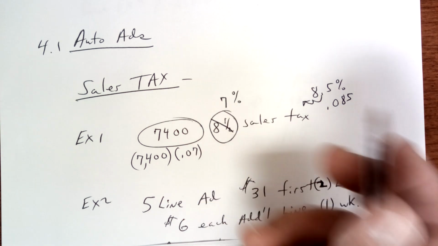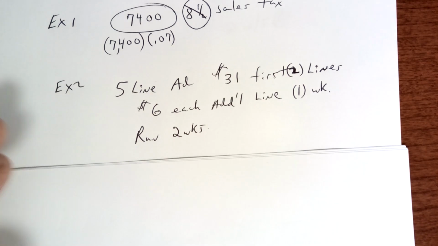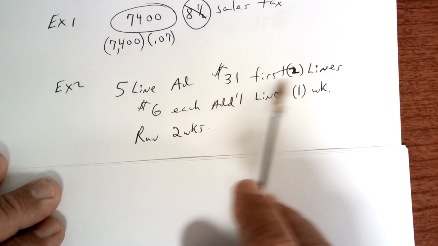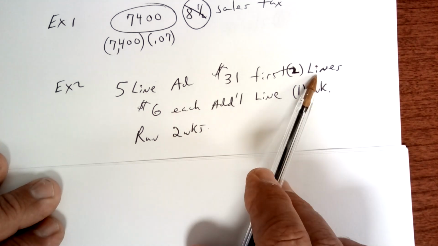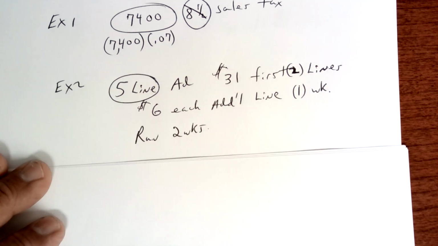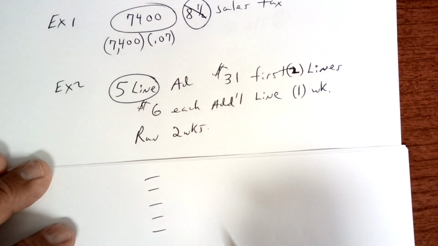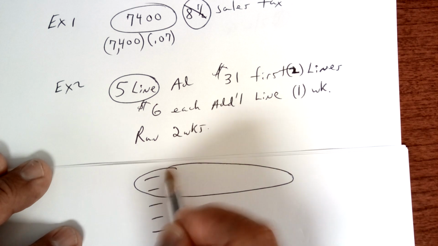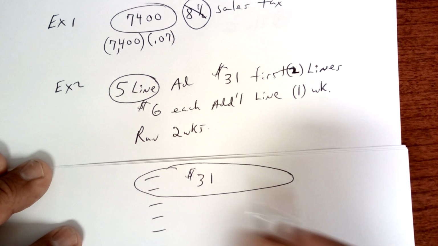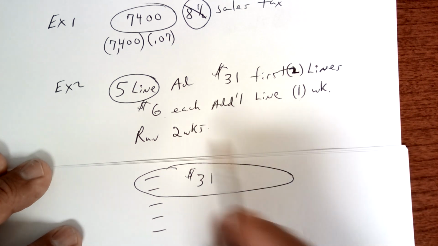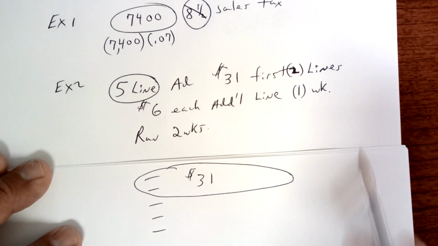Okay, look here at this ad. You get 5 lines for $31 for the first 2 lines. You're doing 5 lines, so copy all of that down. So 1, 2, 3, 4, 5 lines. It's $31 for the first 2, plus $6 for each additional line for 1 week.